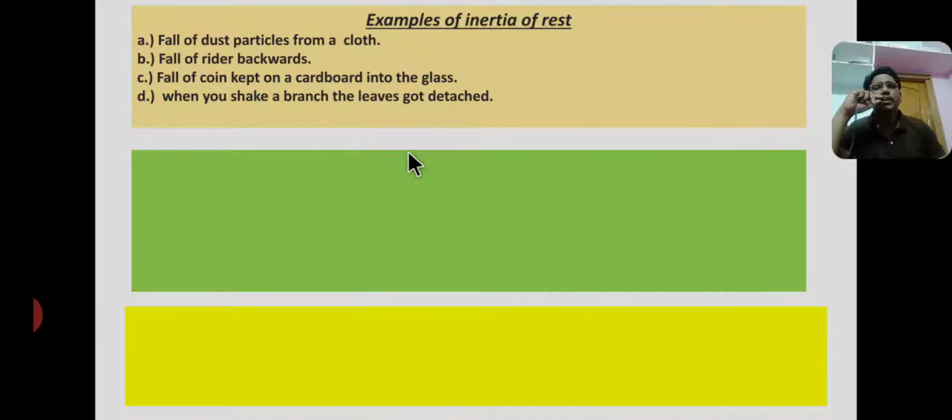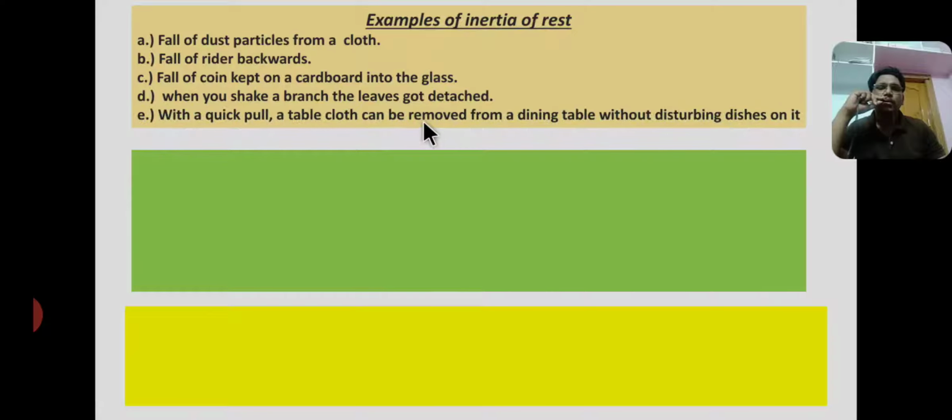Next one is when you shake a branch, the leaves get detached. And the last example is with a quick pull, a tablecloth can be removed from a dining table without disturbing the dishes on it. So these are the examples of inertia of rest.